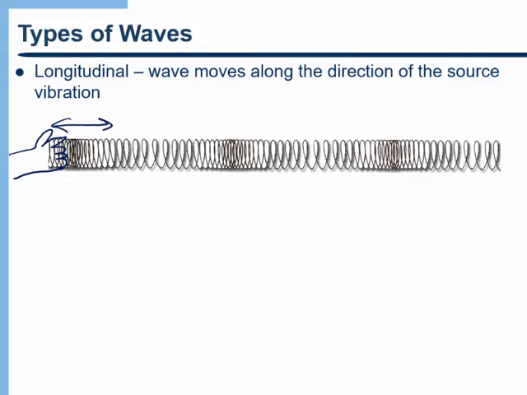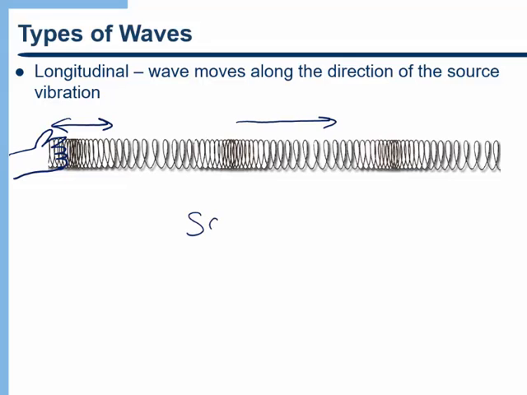And what I'm doing then is creating compressions and expansions in the slinky. And again, those would travel in this direction. So in this case, the vibration that creates the wave is along the same direction back and forth as the direction the wave will travel.